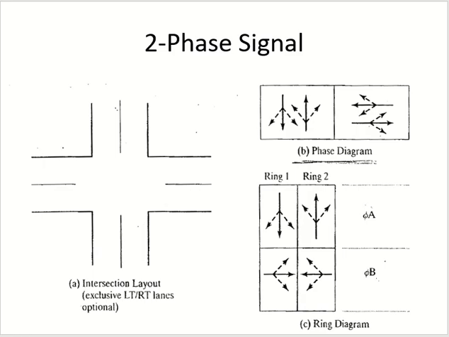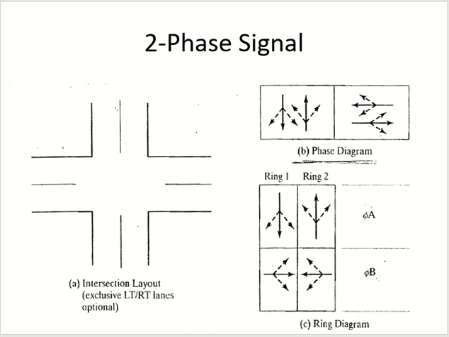So the first one is a phase diagram, the second one is a ring diagram. You see the first one: one box is showing movement from the opposite direction, right? So in a phase diagram, it can happen. Look at the ring diagram now. One box, one movement on one side, other movement on the other side. They are in the same phase.